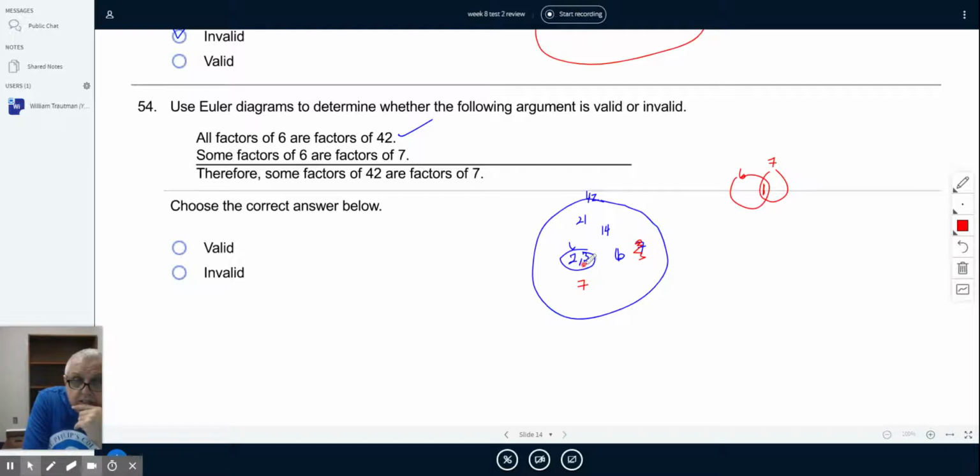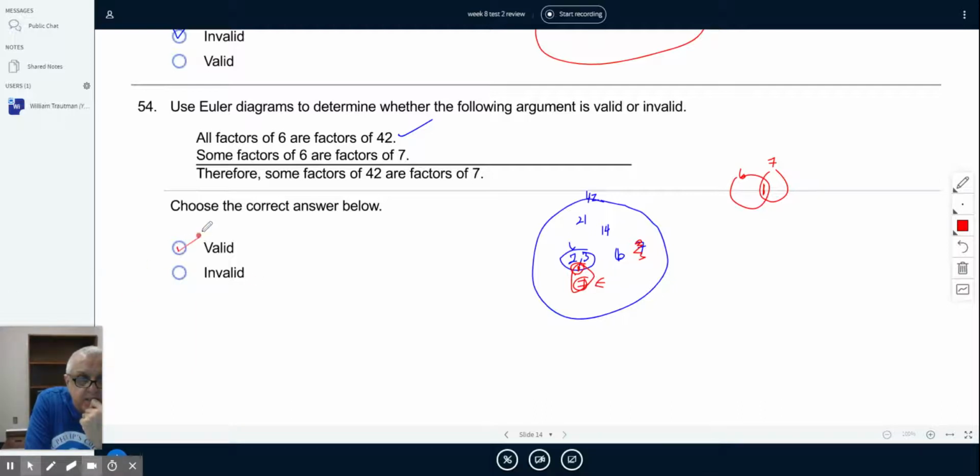Some factors of 6 are factors of 7. And by the way, also 1 is a factor of 7 and 1 is a factor of 6. I didn't think about that. So therefore, some factors of 42 are factors of 7, and some of them are right there. This is a factor of 42, this is a factor of 7.